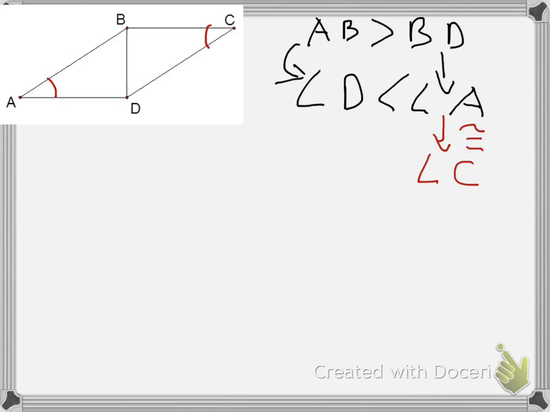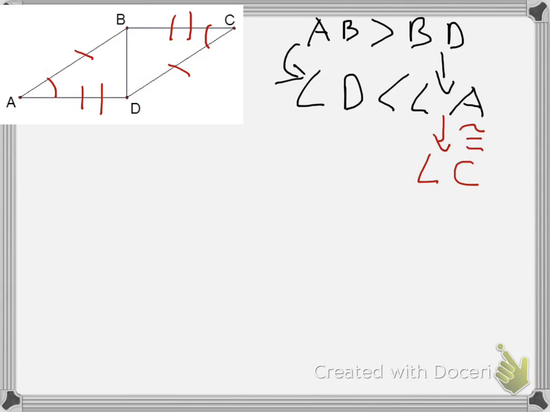One of the statements says that CD is less than BD. CD is the same size as AD. And we know AB is the same size as CD.